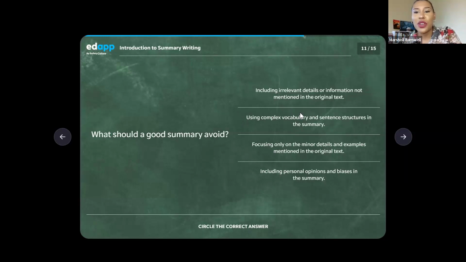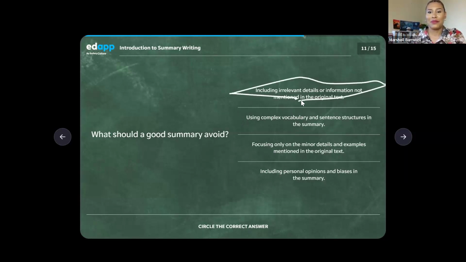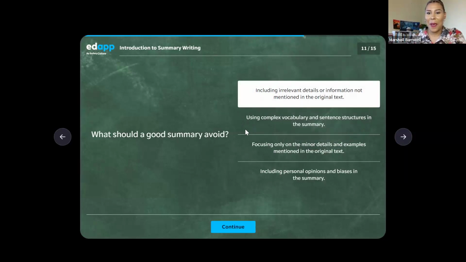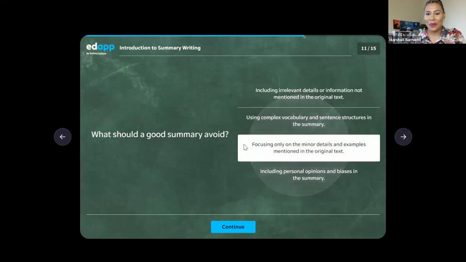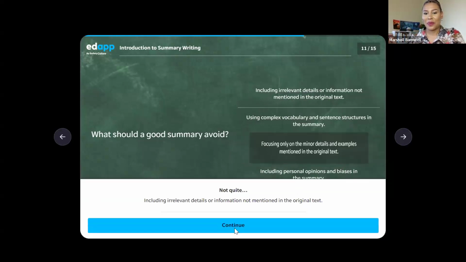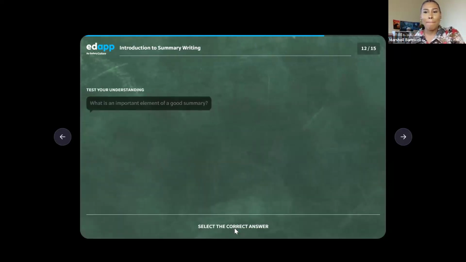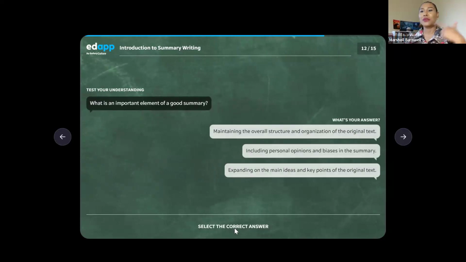So what should a good summary avoid? Including irrelevant details or information not mentioned in the original text. I circled the correct answer for it, but I just wanted to show you that when it's incorrect, it gives you the correct answer. Okay.